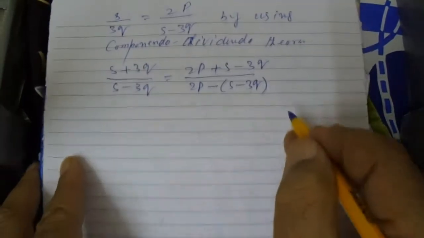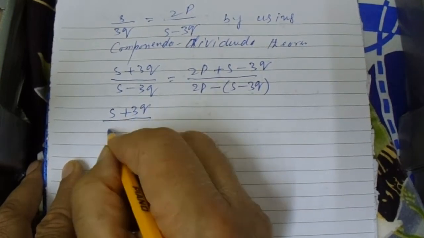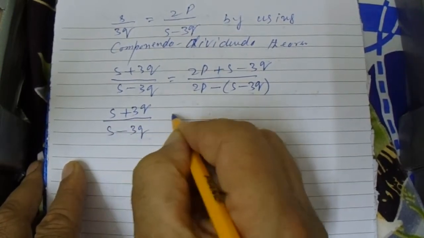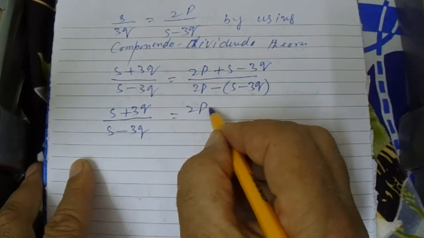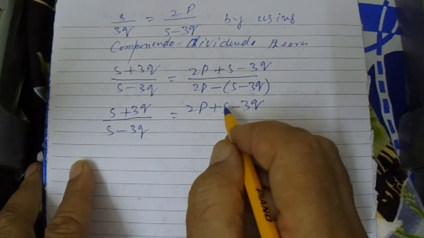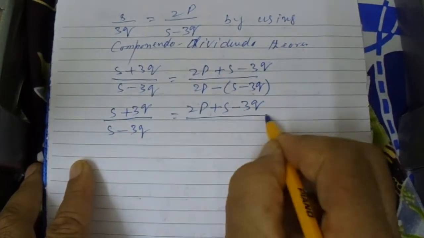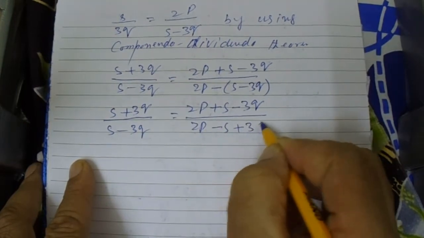This is like this, and s plus 3q over s minus 3q is equal to 2p plus s minus 3q, okay, in the denominator 2p minus s plus 3q.